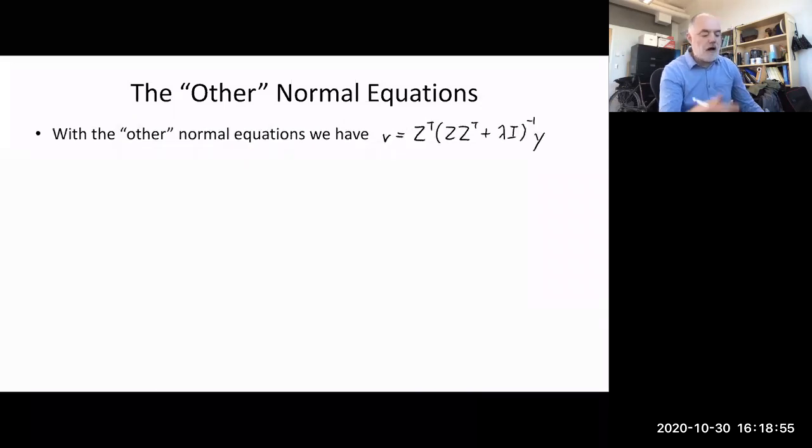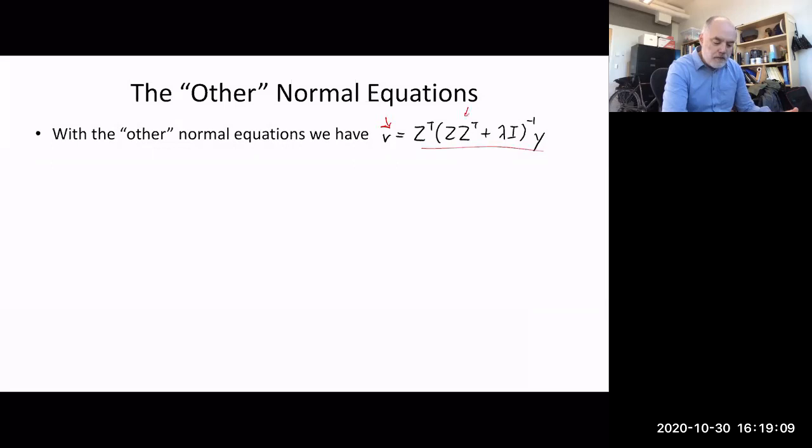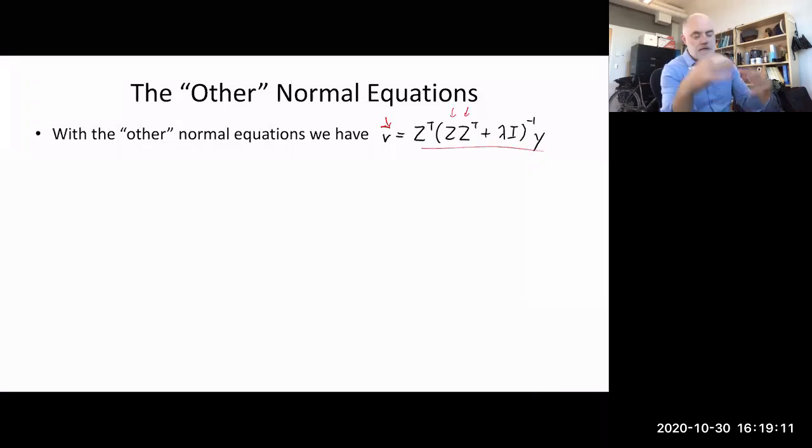So that is the other normal equations, which you can derive yourself, and just trust me that this is the case. We have that our model parameters are v equals this thing. And these are our expanded basis feature vectors of the inputs.